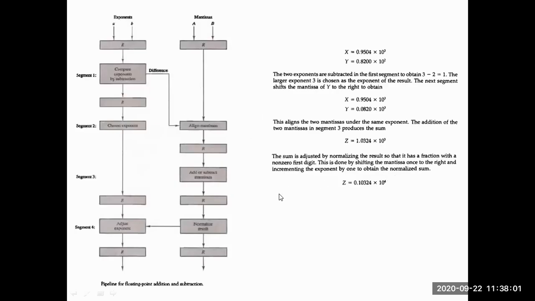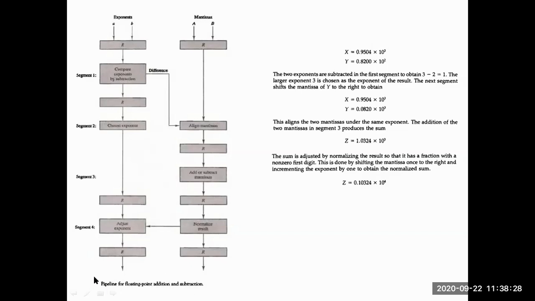Let us take an example of floating point addition and subtraction and see what the pipeline structure will be for this. Floating point addition and subtraction are arithmetic operations, and we are operating on floating point numbers.